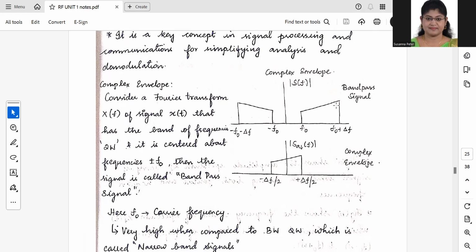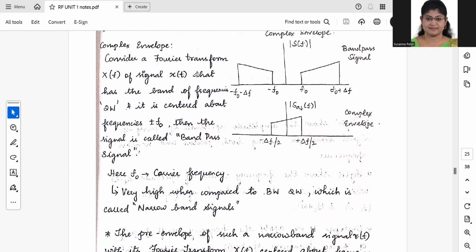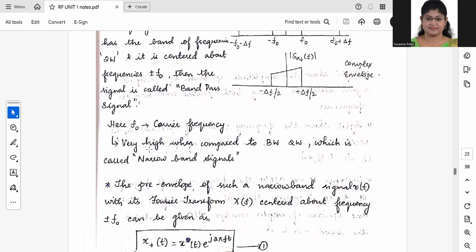So this is your bandpass signal. Let us consider a Fourier transform X of f of a signal x of t that has a band of frequencies 2W and is centered about the frequencies plus or minus f naught. Then the signal is called a bandpass signal. This is represented here, where f naught is your carrier frequency.